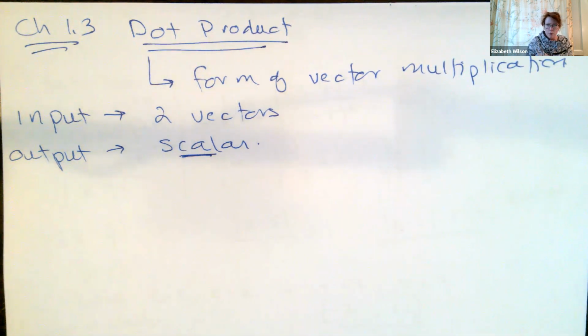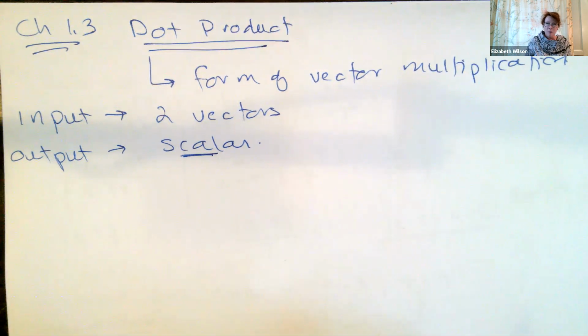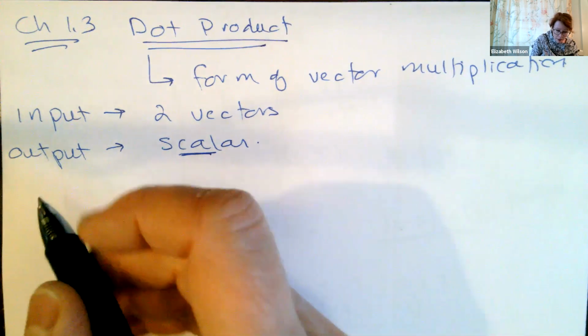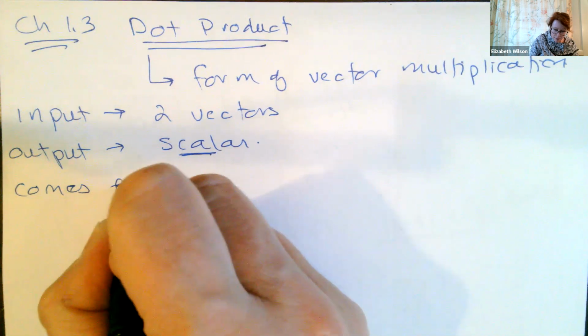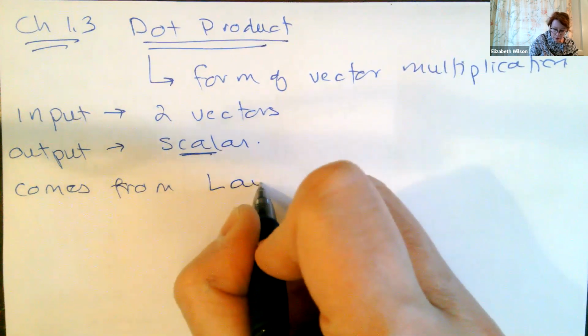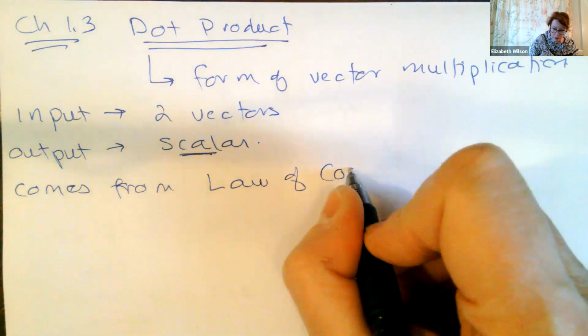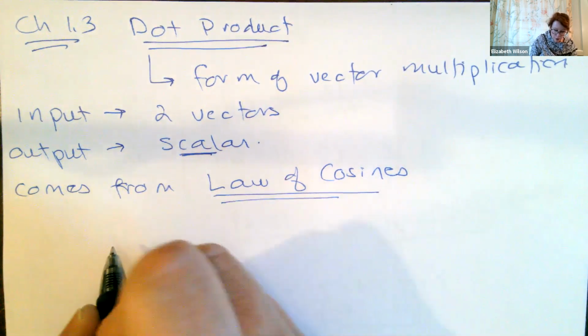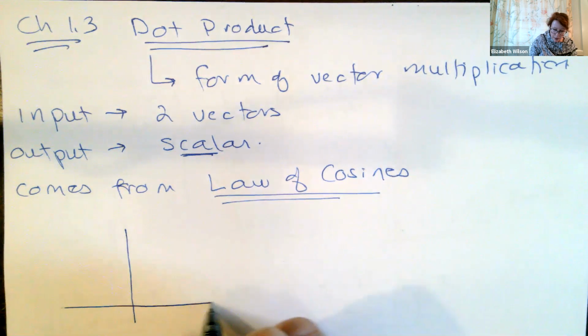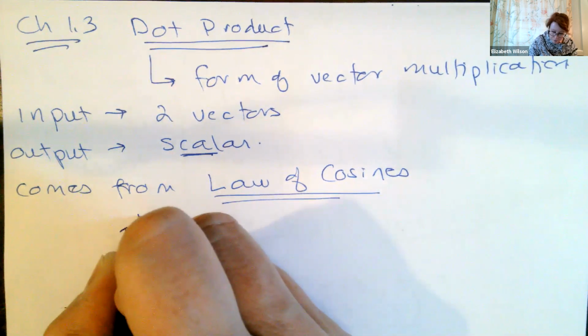Without going into too much detail about where the dot product comes from, I just want to show you a little bit. The dot product itself comes from the law of cosines. If you remember this from your high school trig, perhaps. So I'm going to graph that out. Here's my x-axis, here's my y.